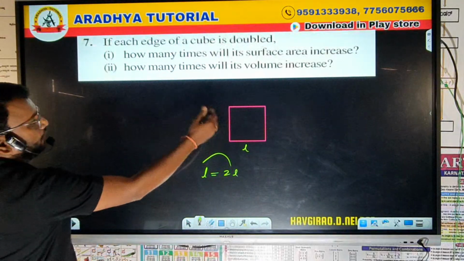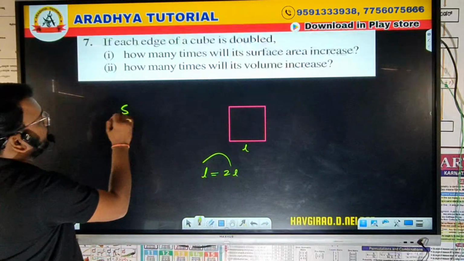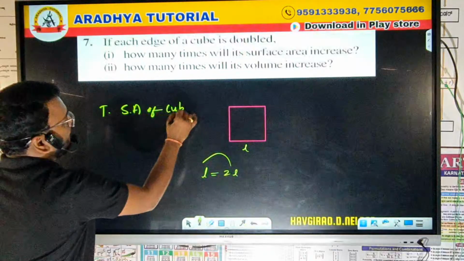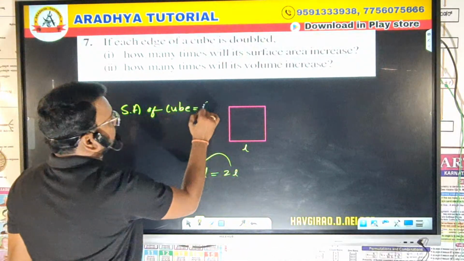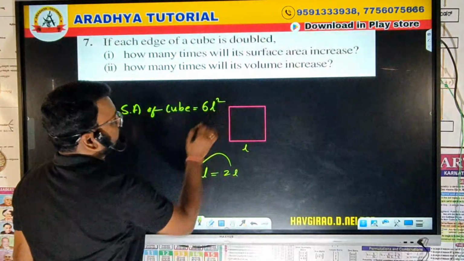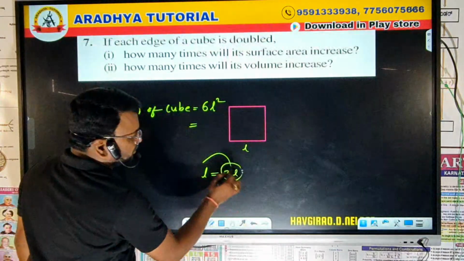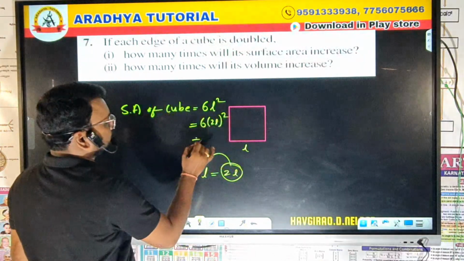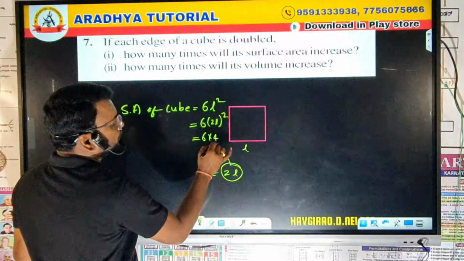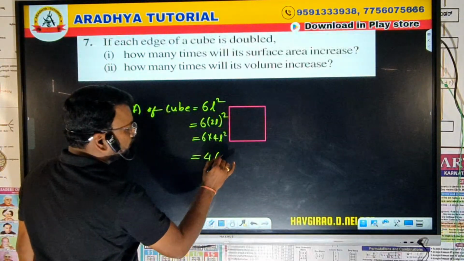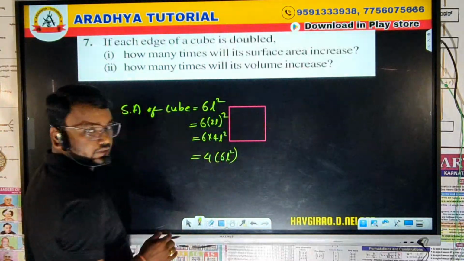Total surface area of cube is 6a square, otherwise 6L square, side square. Now L becomes 2L, no? Here 6 into 2L square, 6 into 4L square. What happens here? That is 4 into 6L square.